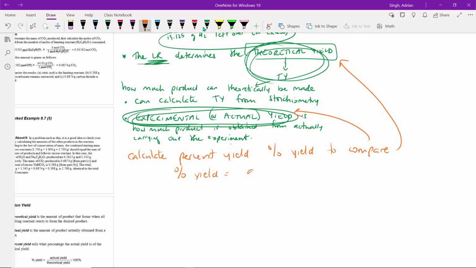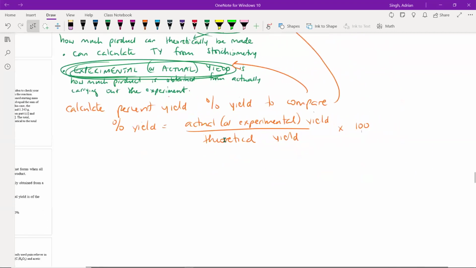The percent yield is a very simple formula. Okay, it's the actual yield, actual or experimental, divided by the theoretical yield. And then as a percentage, we times it by 100 to get the percentage. So really what it is, it's going to tell you how good you are at getting to a value that you are supposed to get, right?